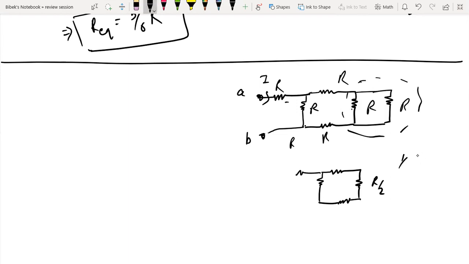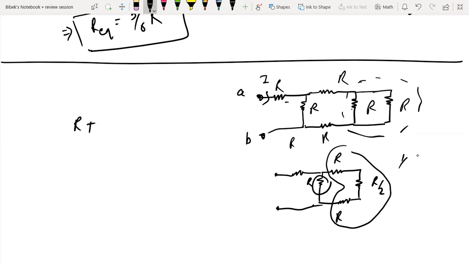And now your circuit will be reduced to this small thing, okay? And now you have 3 of these in series, right? Which is parallel with this one. So you have R plus 1 over... Oh no, these are in series, sorry.